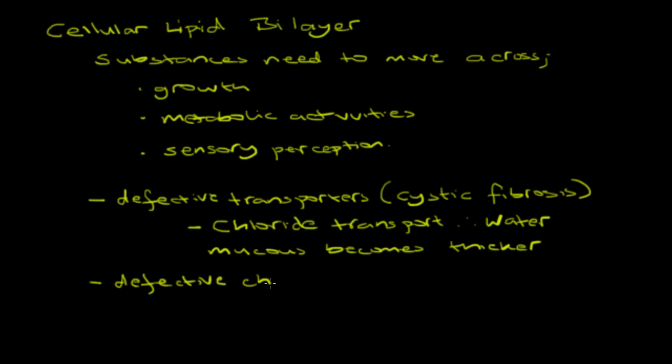And we're going to go on to talk about channels in particular in a moment. So this is where there's a defect in the movement of things like sodium, potassium and chloride across the membrane. An example of this is something called long QT syndrome, which changes the heart's ability to pump, and this is a problem with defective channels in the walls of the cell membrane.